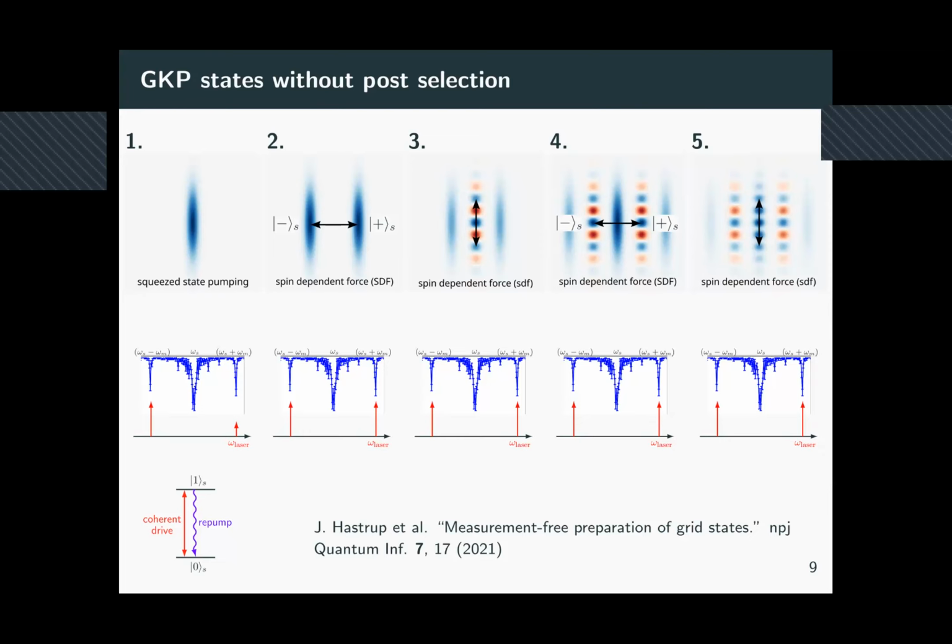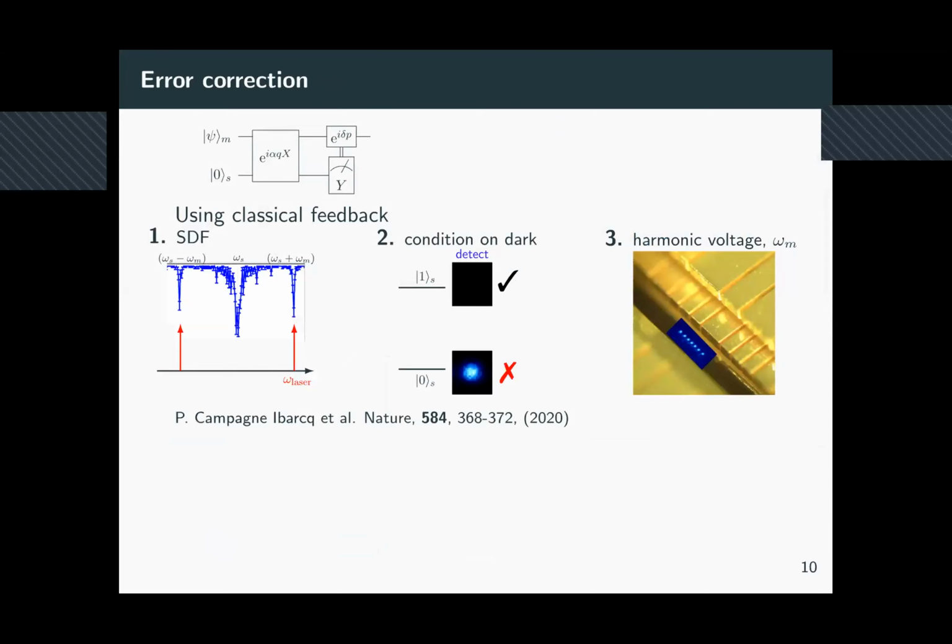And now I'd like to talk about the error correction. Initially, when we saw the results from Philippe and others when he was at Yale, we saw this very minimal phase estimation feedback method, and we thought it's really nice. But if we just naively wanted to do this on our system, it would involve these three operations.